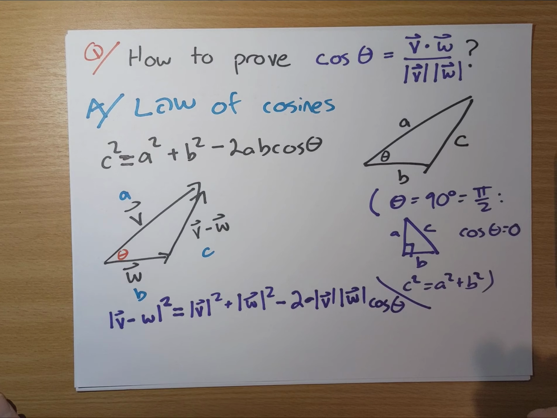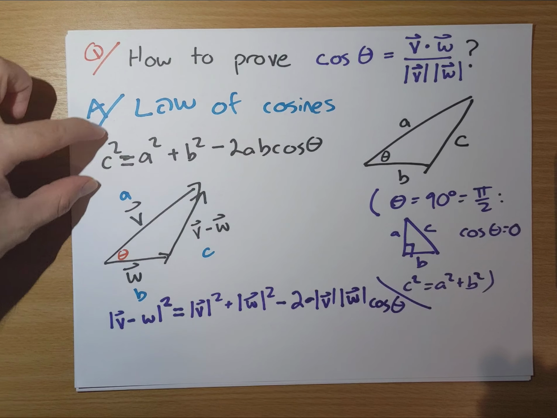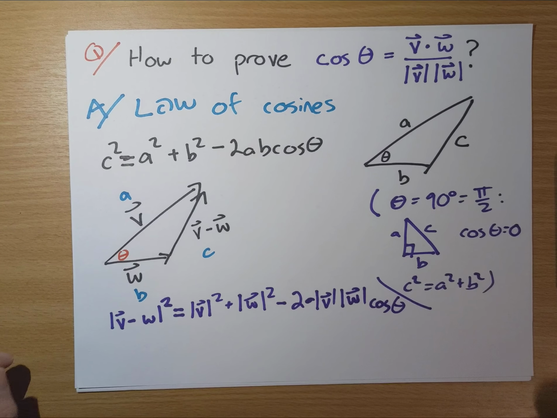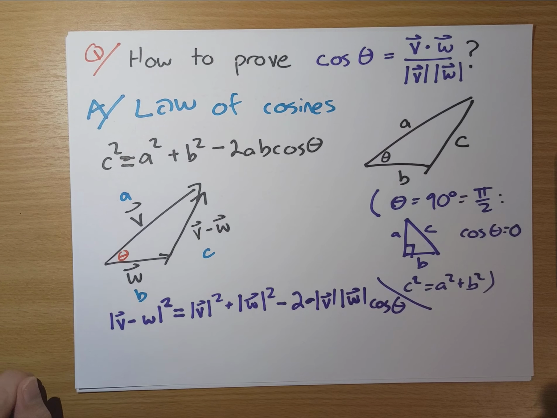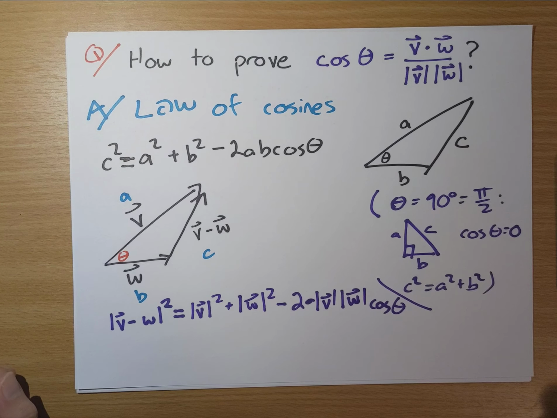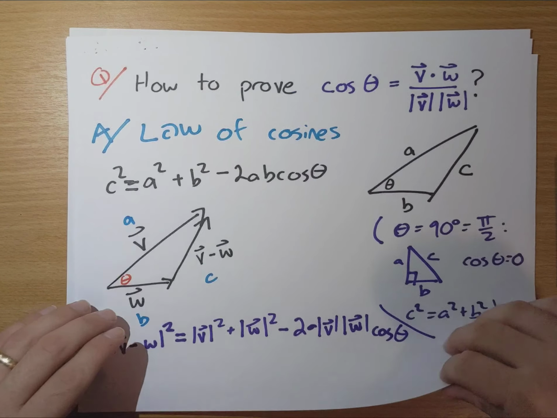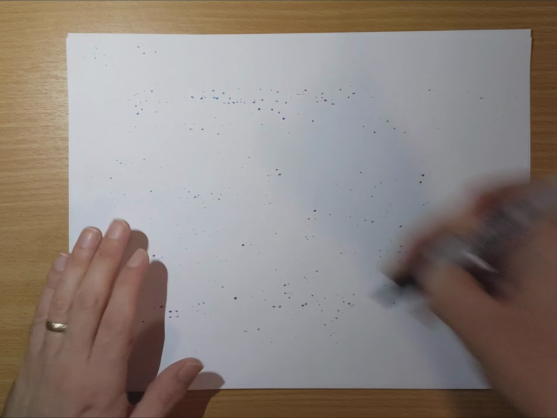So we just rewrote the law of cosines in terms of the magnitudes of v, w, and v minus w. Okay, I need a new slide here.